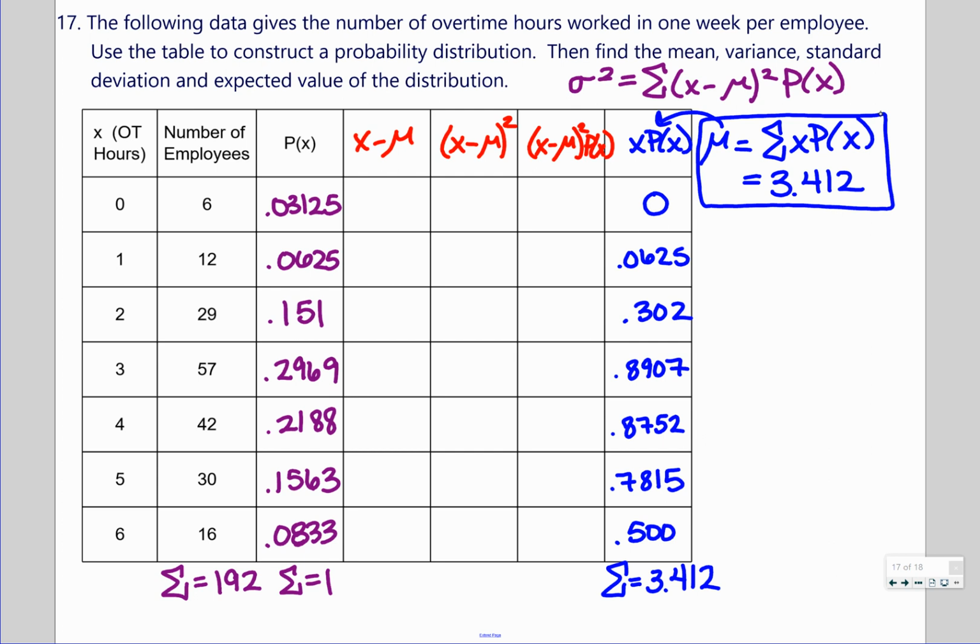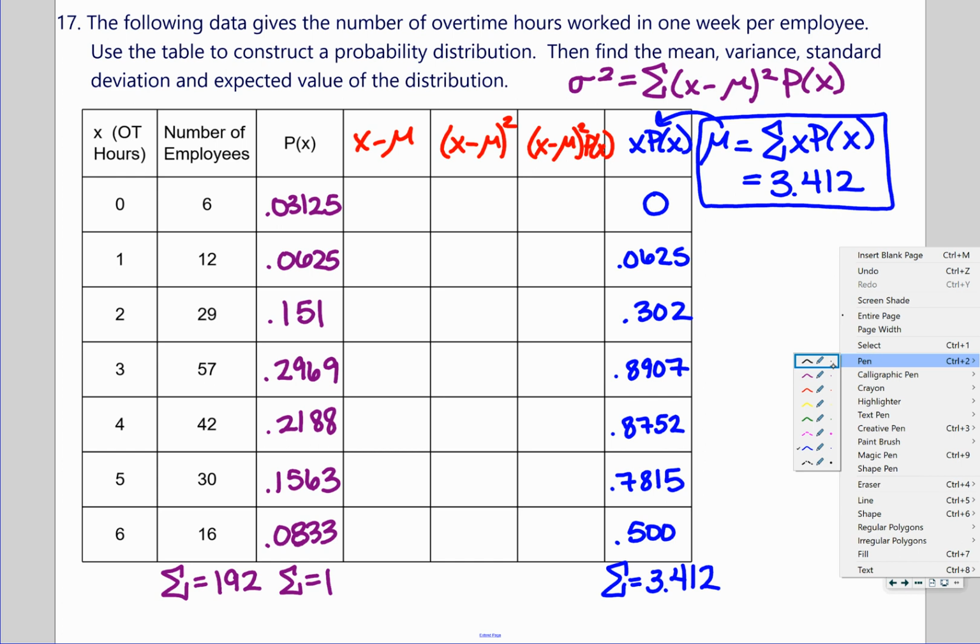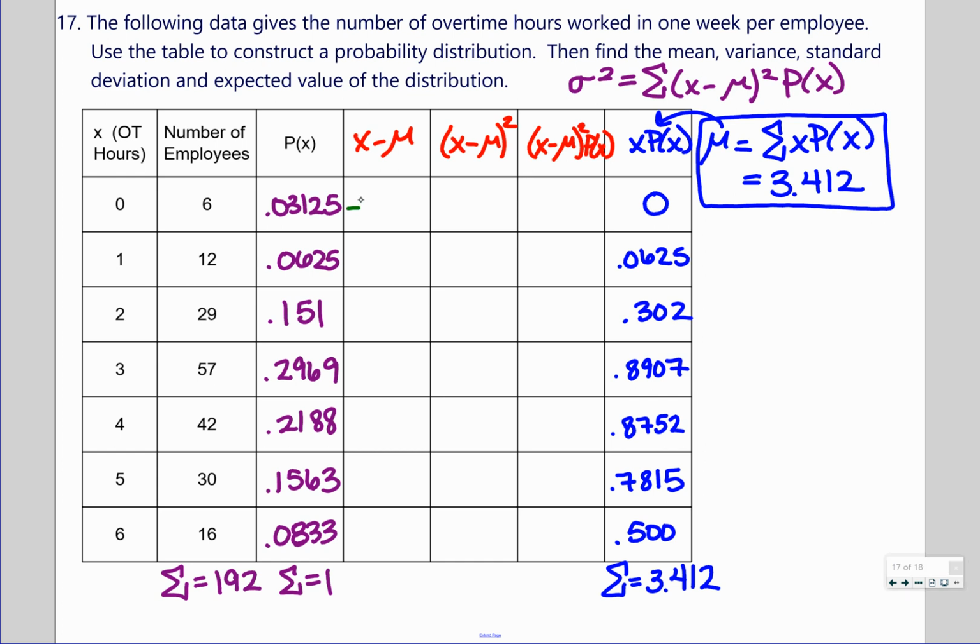So now, once you have your mean, you can fill out the other columns, and you can do it a row at a time if you want to. So you can take your x value minus your mean. So for that first one, it would be negative 3.412. Then you take that value and square it. And remember, when you're squaring something, it is always positive.